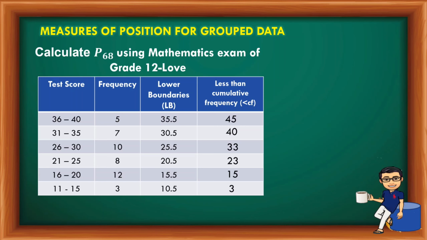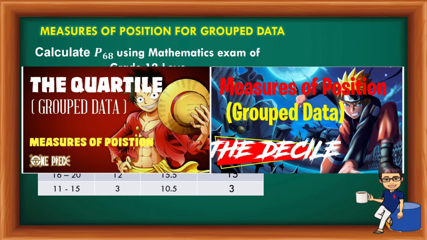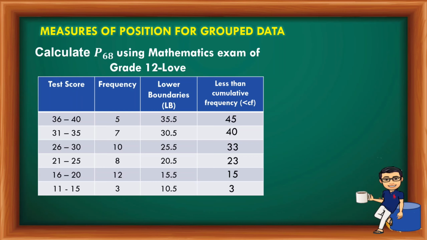You can watch the video on quartile and decile so that you can still recall how to obtain the lower boundaries and the cumulative frequency. So now that we have the data on the table, let us try to find the percentile 68.